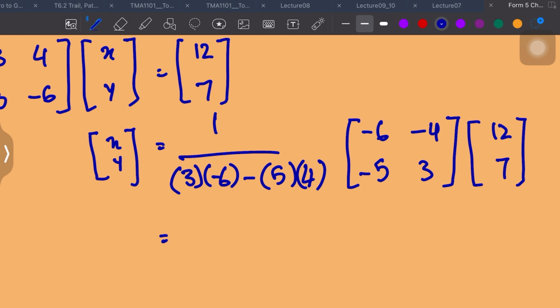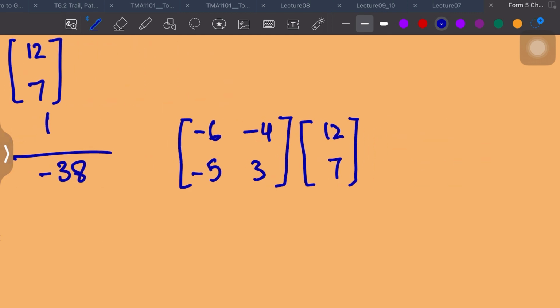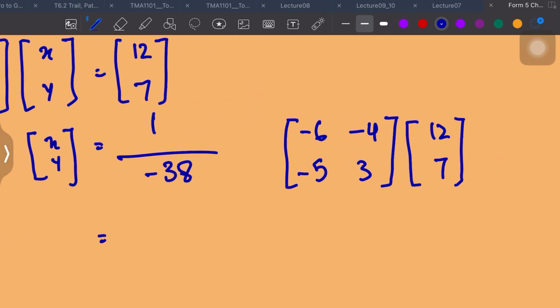So what we will get from here is negative 18, negative 20, so negative 38. One per negative 38.